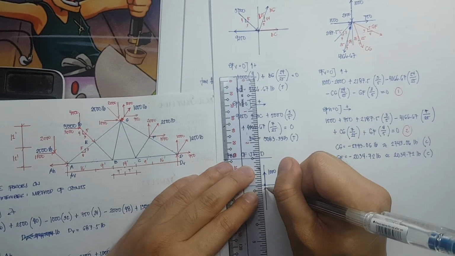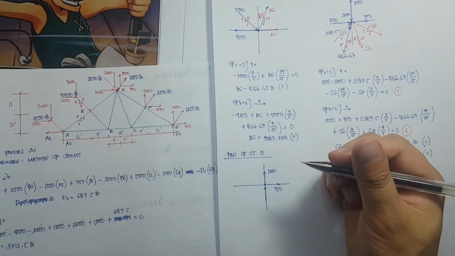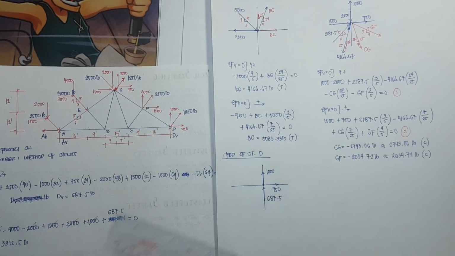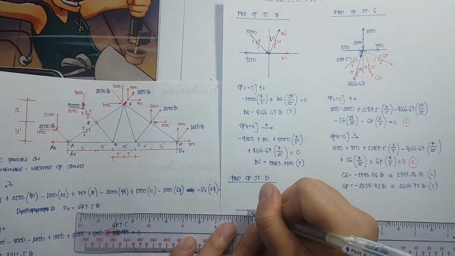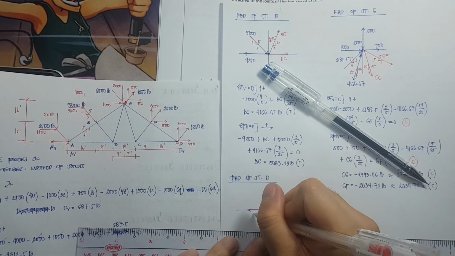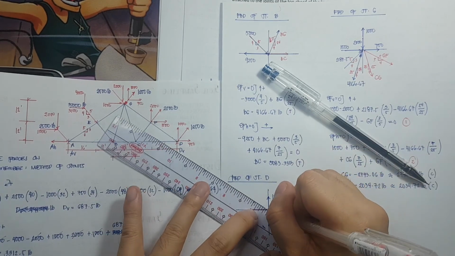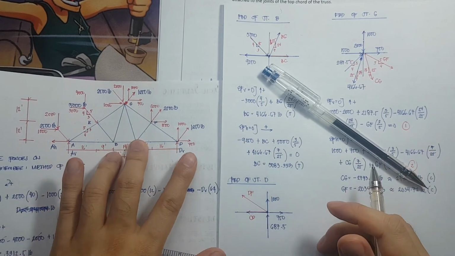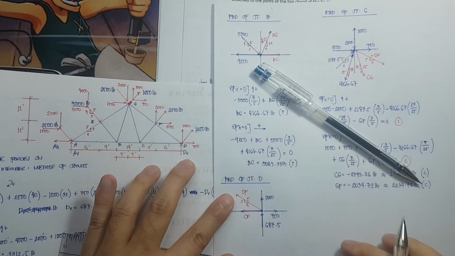We have here a reaction, D vertical, and D vertical is 687.5. And we have here CD. So I am going to assume that CD is a tension. So this is CD. Then I also have here DF. The slope of DF is 3 vertical, 4 horizontal, 5 hypotenuse.